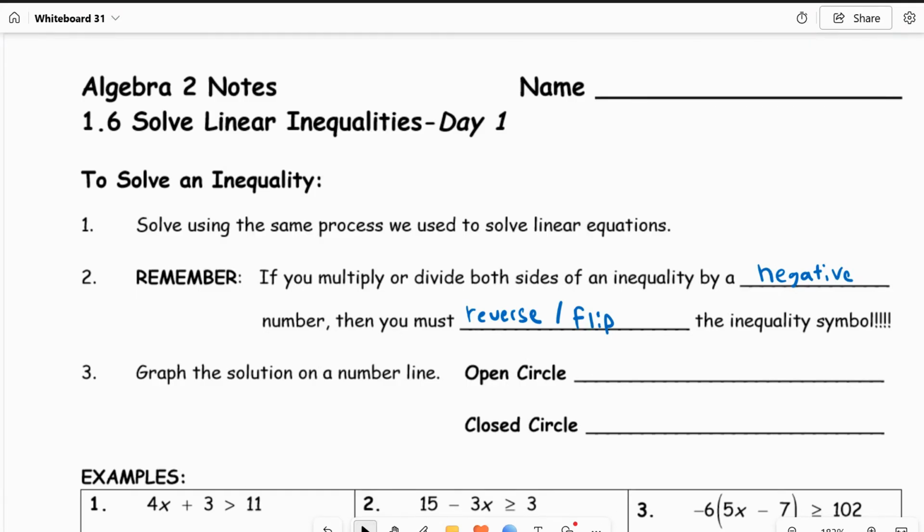The final thing we're going to do is we'll graph the solution on a number line. Remember, use an open circle if you have just a greater than, or a less than symbol.